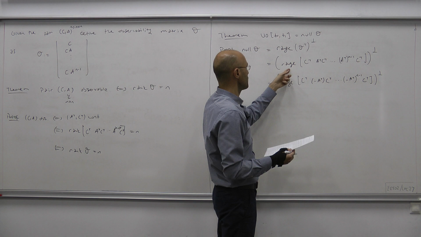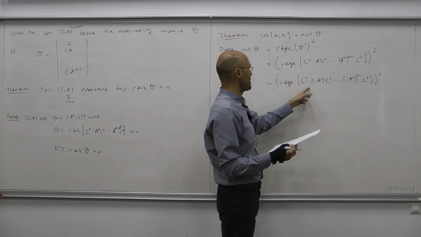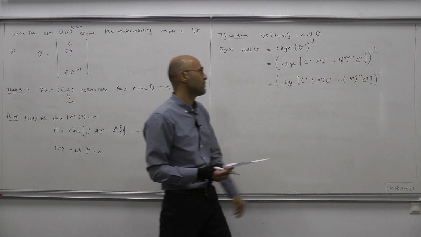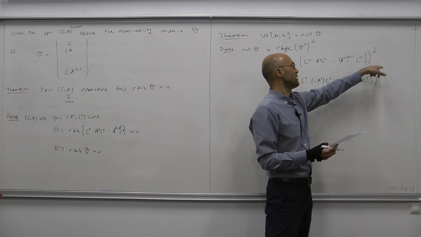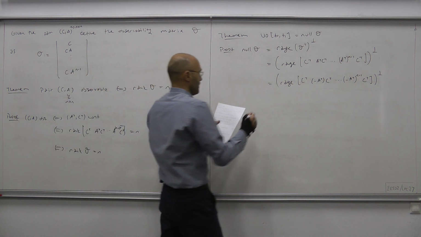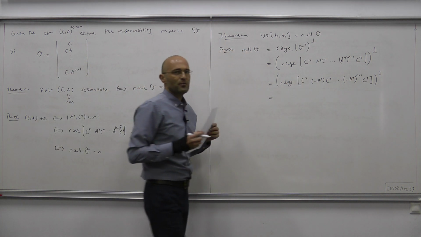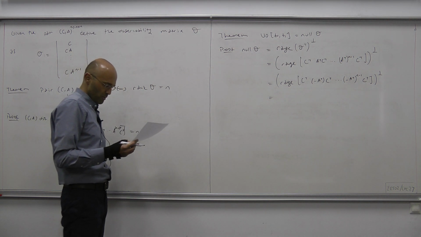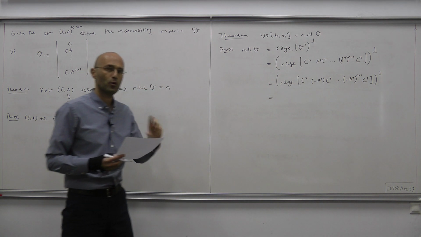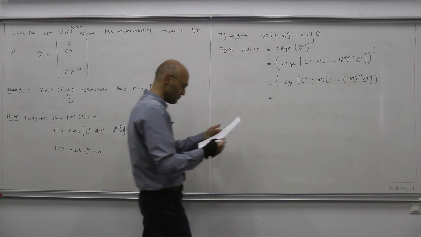Therefore, the range space of this matrix and the range space of this matrix, where instead of A transpose we have minus A transpose, must be the same. And as a consequence, their orthogonal complements must be the same. Now, the reason that we replace A transpose with minus A transpose is because we want to use the Gramian, or the duality between the Gramians.